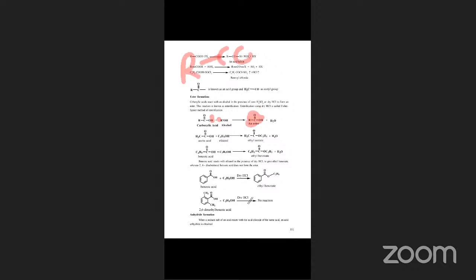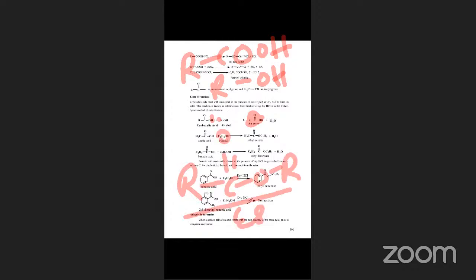RCOOH is carboxylic acid, ROH is alcohol, and RC double bond O, R is the ester. C double bond O with alkyl groups on both sides is an ester, plus a water molecule also.